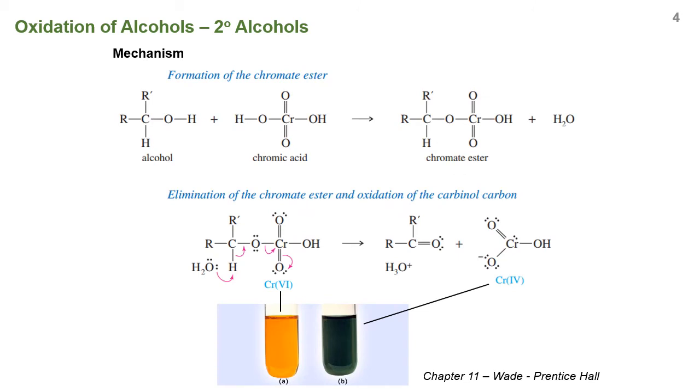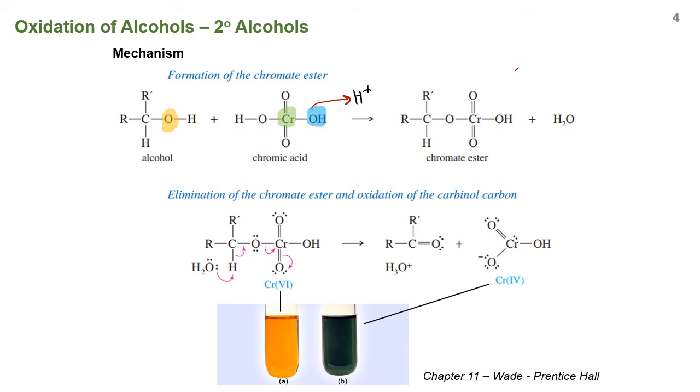For the mechanism, we know that the oxygen of the alcohol is slightly nucleophilic, and the chromium of the chromic acid is very, very electrophilic because it connects to four oxygens, which are electron withdrawing. In the condition, we also have the proton, which will protonate one of the hydroxyl groups to make it a good leaving group.